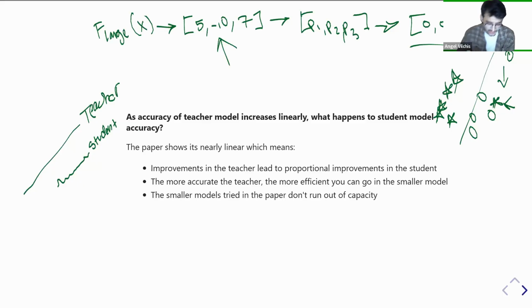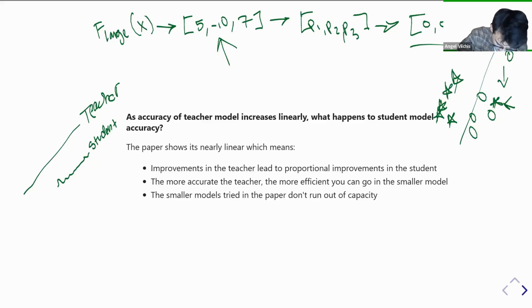That means as we improve the teacher model accuracy, when we do model compression on the same student, it will be more accurate as well. And it also means that with a more accurate teacher, we can get a more efficient student with the same accuracy.